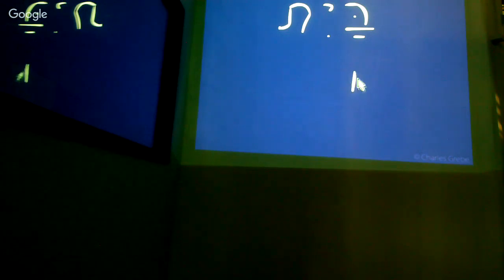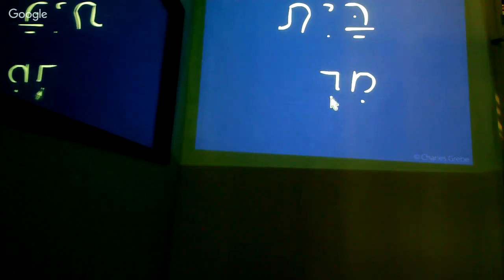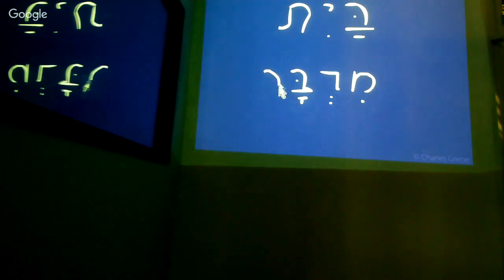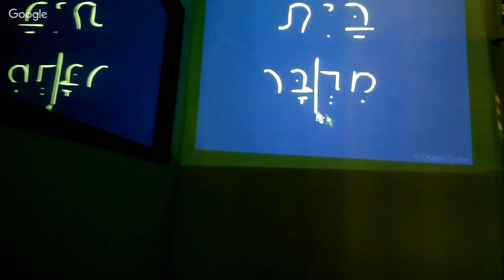Okay, do another one. Midbar. I think we already seen. Wilderness, Midbar. And let us put our syllable division in there. So here we have a bait, which is a Bagad Kefat letter, and it begins a syllable, and there is no preceding vowel.